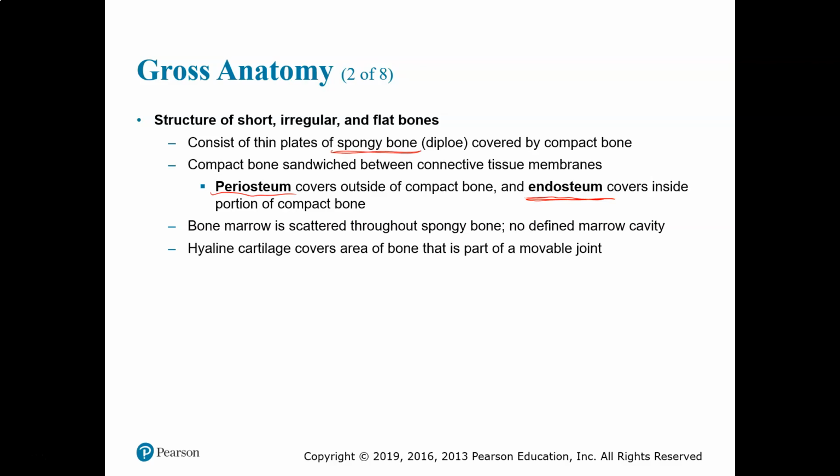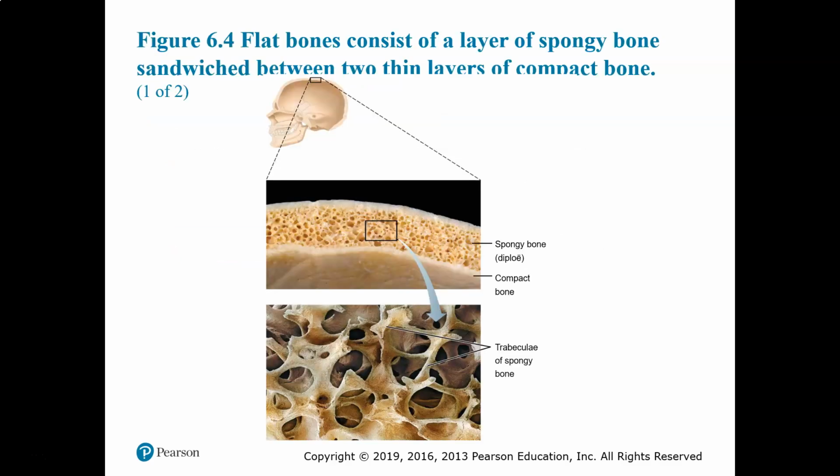Bone marrow is scattered throughout spongy bone in the spaces between the trabeculae. There is no marrow cavity in spongy bone. At the ends of bones at a joint, hyaline cartilage is called articular cartilage. It covers the ends of bones that meet in a joint, like the knee joint or the shoulder joint. We talked about that before.